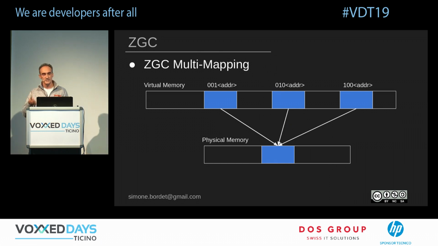Okay, so ZGC uses this trick on Linux. It multi-maps the same physical memory into virtual memory. And so by doing this, it is free to change the value of those colored bits any way it likes, because no matter what the value of the colored bits is, from the virtual memory they eventually end up in exactly the same place in the physical memory, okay?